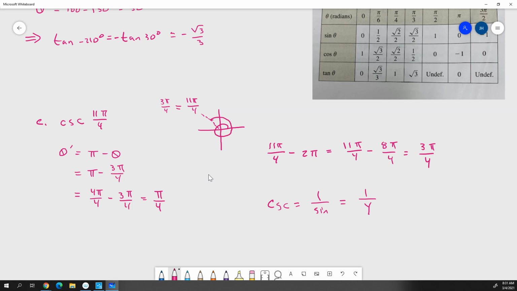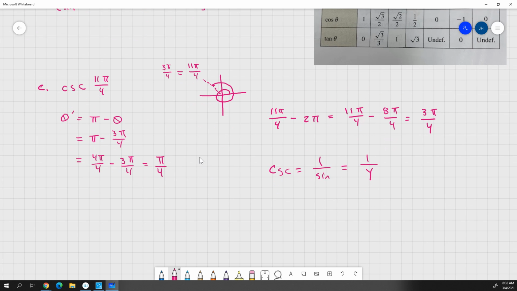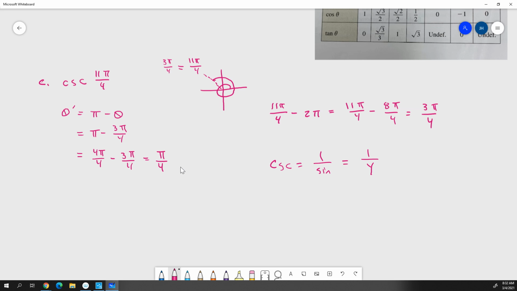Does that make sense to you? So now we still have to go and find the value, but we're looking for the value of cosecant at pi over 4. So now we can solve that. We can go, okay, cosecant of pi over 4 is going to be positive, right? Not negative. It's going to be positive.